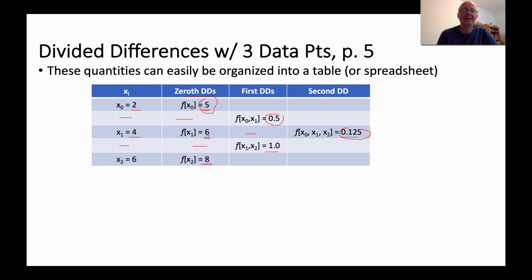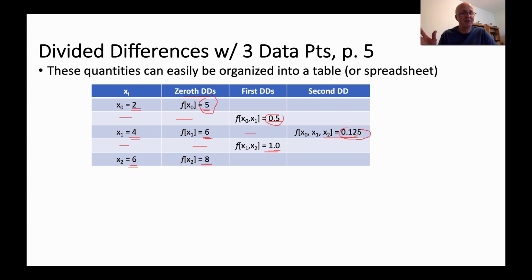Take 8 minus 6, 2, divide by 6 minus 4. 2 divided by 2 is 1. And finally, the 0.125 is 1 minus 0.5. It's a divided difference of first divided differences, divided by 6 minus 2. 0.5 divided by 4 is 1/8, 0.125.